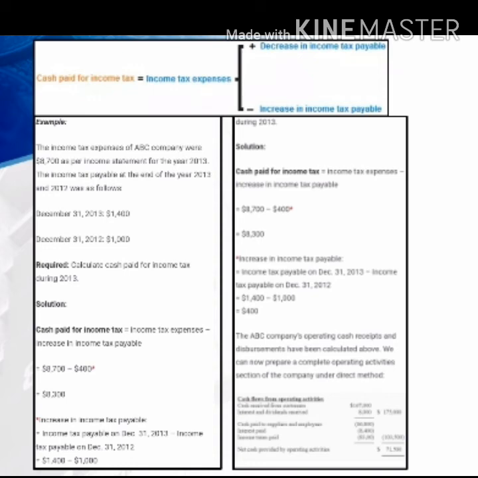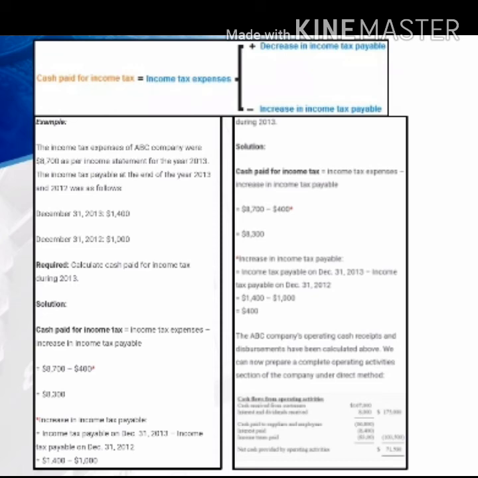On December 31, 2013, it was $1,400, and on December 31, 2012, it was $1,000. We should calculate the cash paid for income tax during 2013.